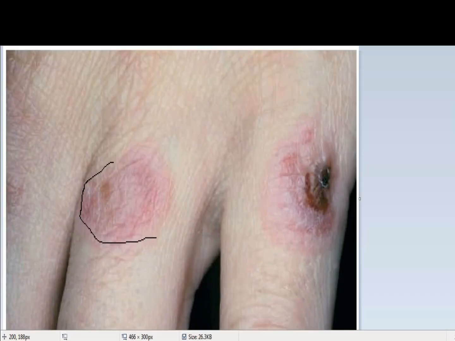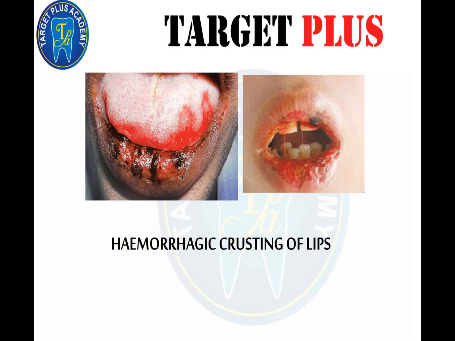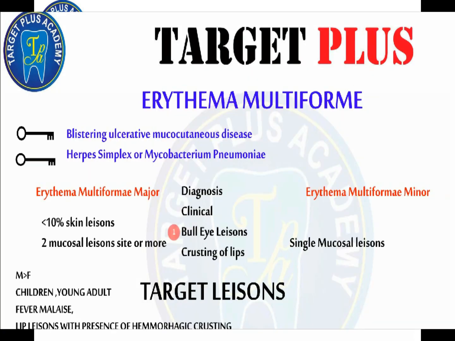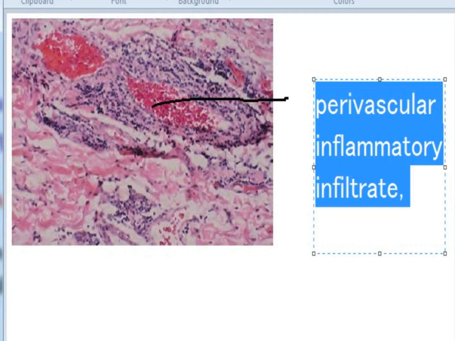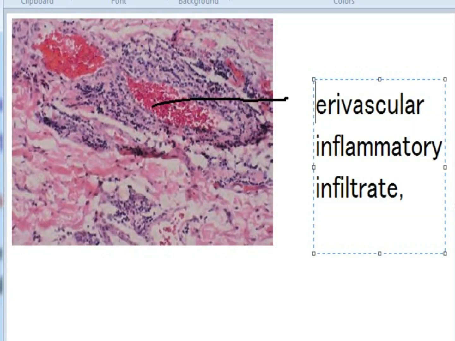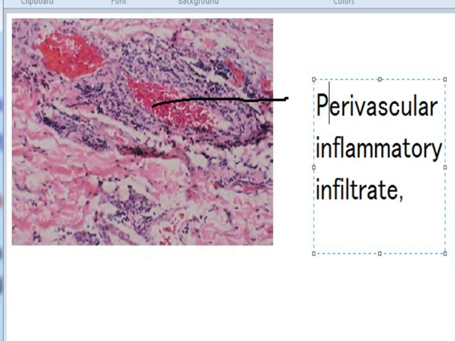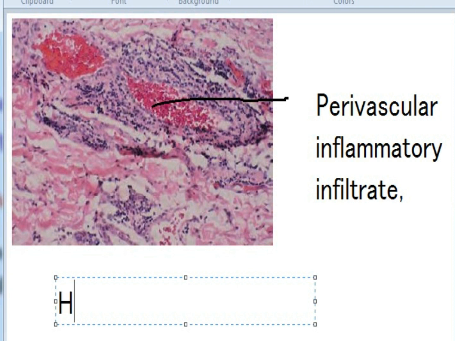Now diagnosis is mainly clinical, and we can see the bull's eye lesion with hemorrhagic crusting of the lip, or Mycoplasma pneumoniae, where we can see a positive serology test. Now histopathology: you can see the intracellular edema of the spinous layer of the epithelium and edema of the superficial connective tissue that may produce subepidermal vesicles.